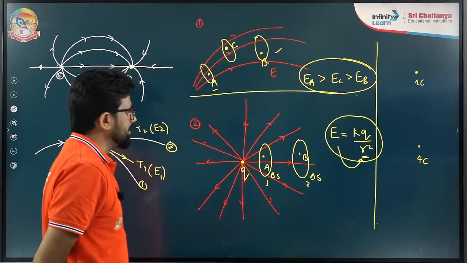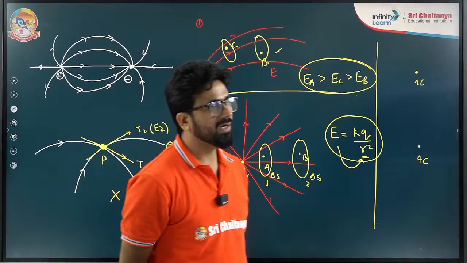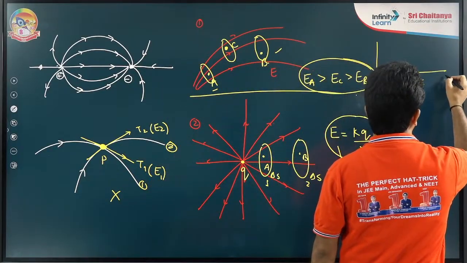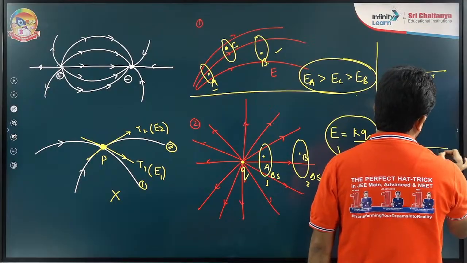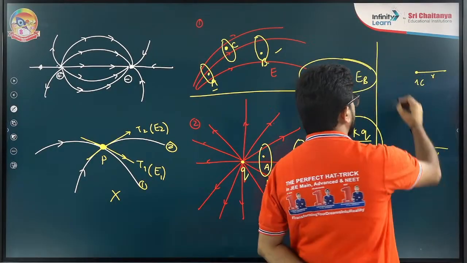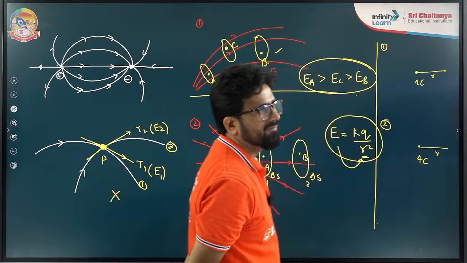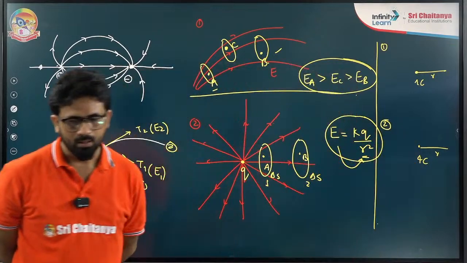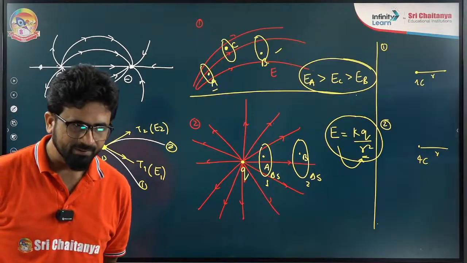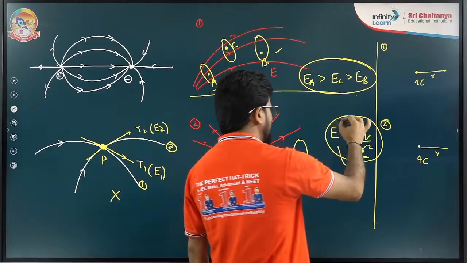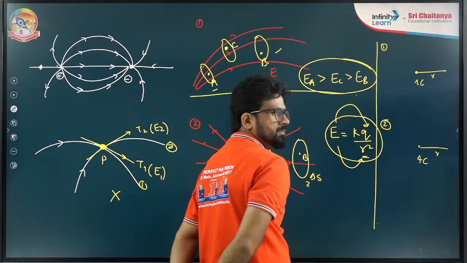Now tell me, which will produce more field at r distance? If you draw at r distance, this distance is r, where would the field be more, in the first case or second case? Because we already know the field is directly proportional to q.